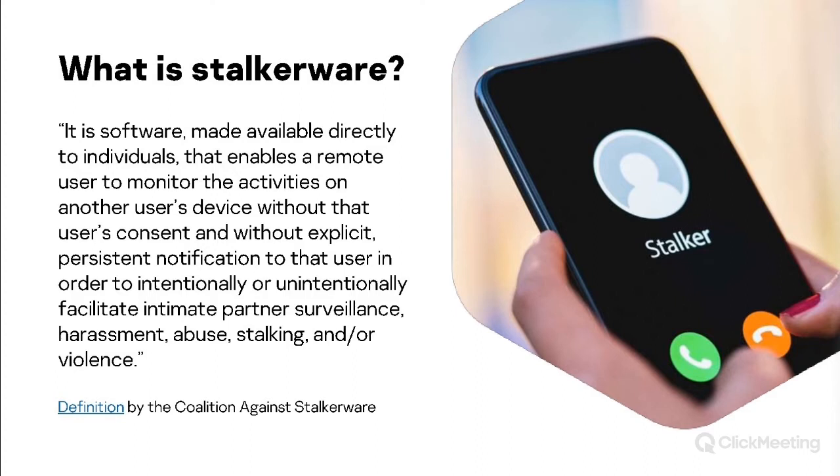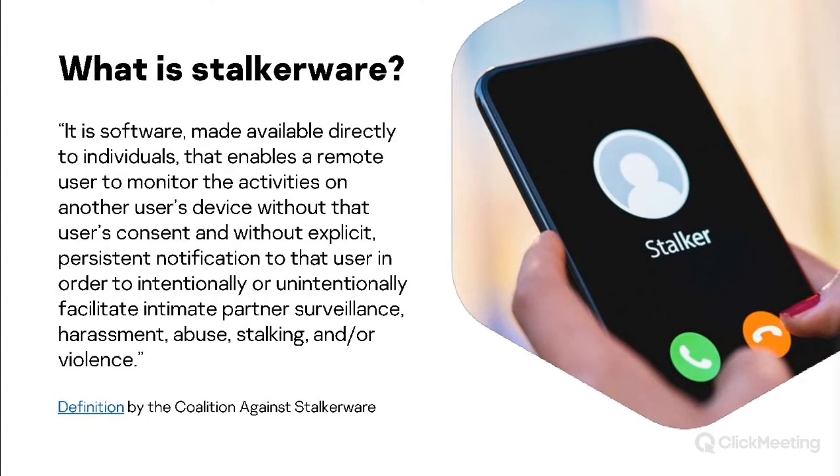What Stalkerware can do is monitor all the information on your phone. It can read text messages, it can see photos, it can see who calls you. We will get to that still. But just to give you a very basic understanding, it's software that is installed on your phone without you knowing about it, and everything you do is being monitored, and the other person knows about it all the time.